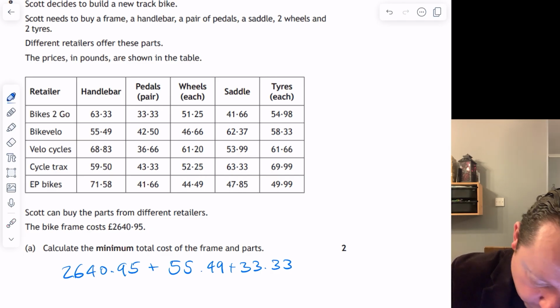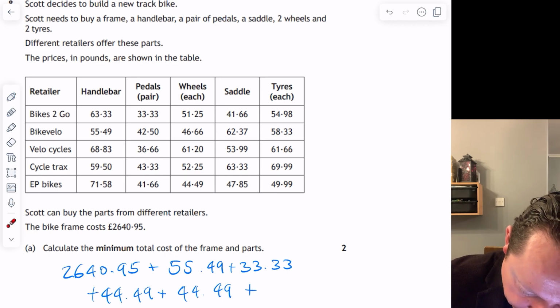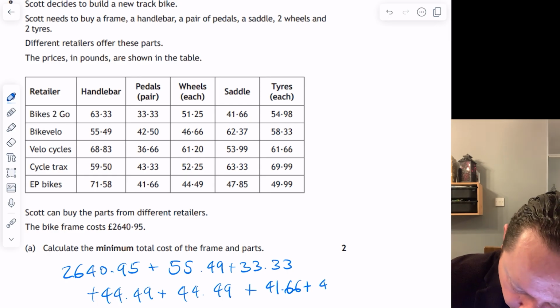So I'll just write 44.49 twice, because I just want to add some. Plus 1 saddle at 41.66. Plus 2 tyres at 49.99. So 2 49.99s.